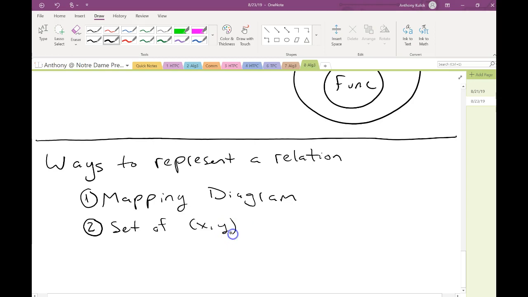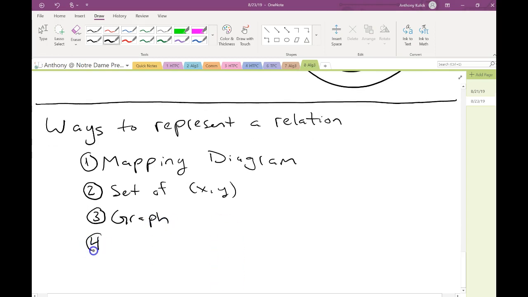We'll talk about sets of ordered pairs. We'll talk about a graph. And then we'll talk about an equation. So we'll do some examples of what each of these things looks like, and then we'll talk about what you need to look for in order to determine whether it's a function or not. We'll do some examples of determining whether the relation is a function or not. Okay with that plan? Okay.